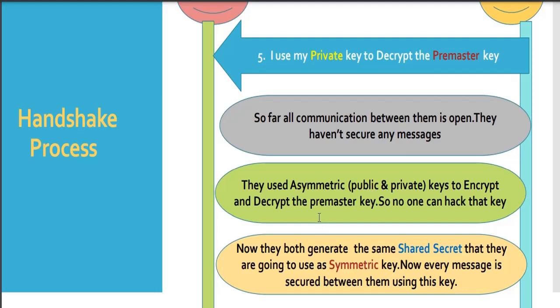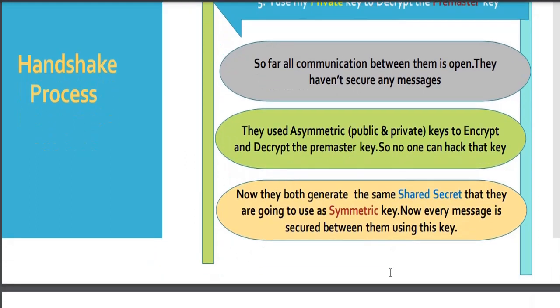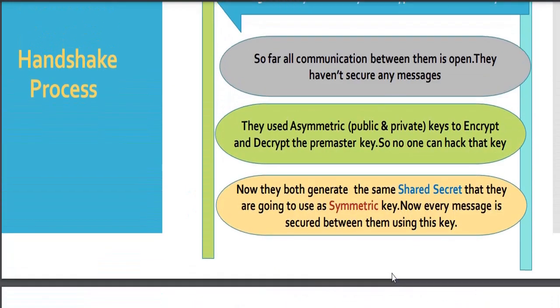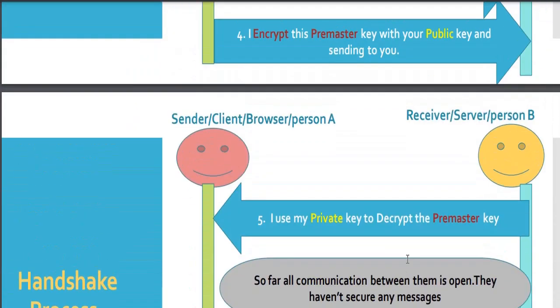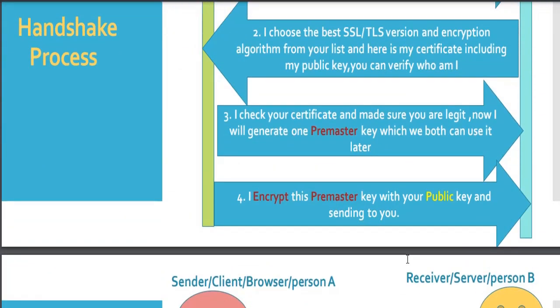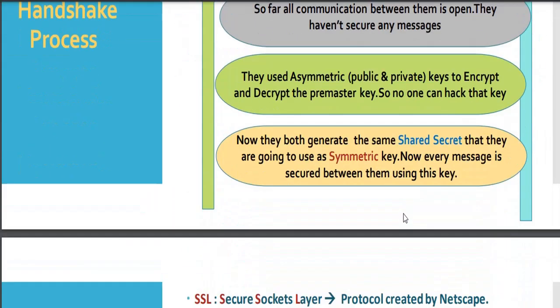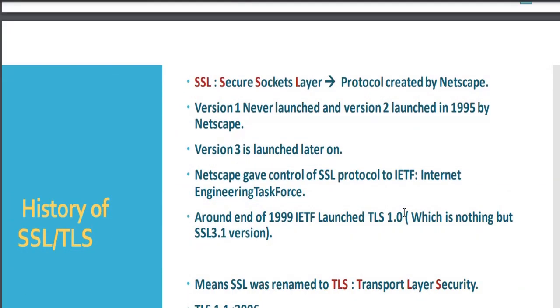They can now happily encrypt or decrypt any message between them using that shared secret key, and then continue the secured session. That is nothing but the handshake, the SSL handshake. This is also called one-way SSL. In one-way SSL also, this is the same process. It will happen, and we will see it in detail later.